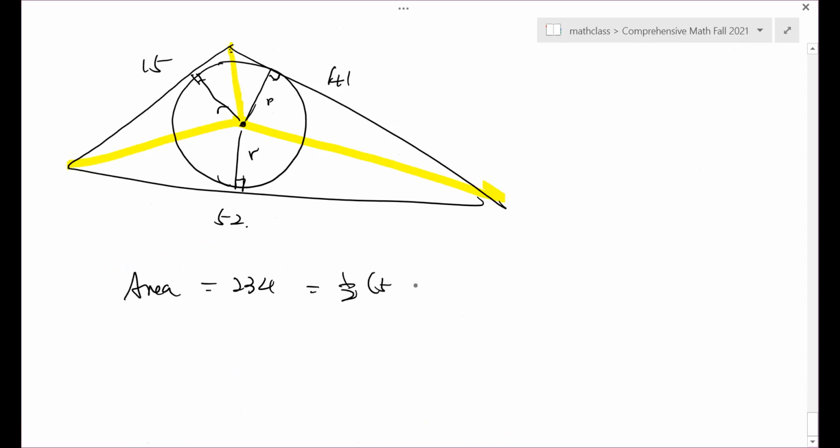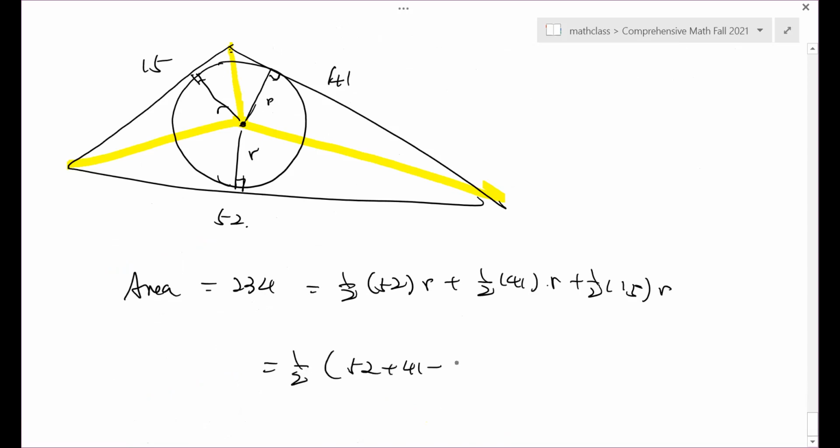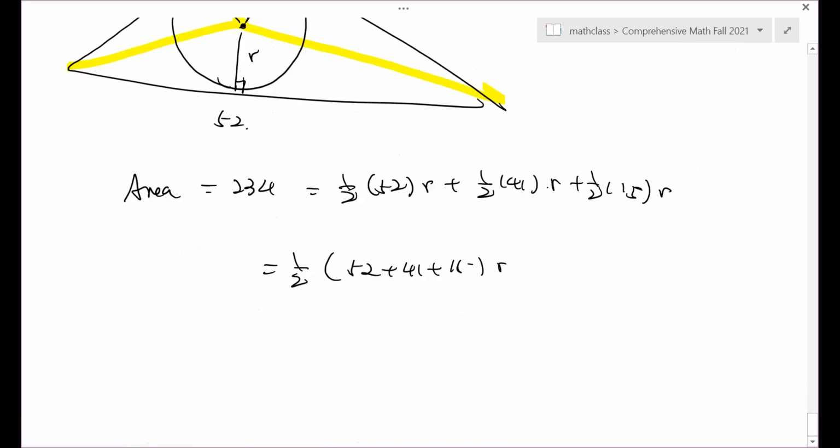Like half of 52 times r, where r is the height, plus half of 41 times r, plus half of 15 times r. So it's going to be half of r times (52 plus 41 plus 15). Add them together: 52 plus 41 plus 15 is 108, divided by 2.